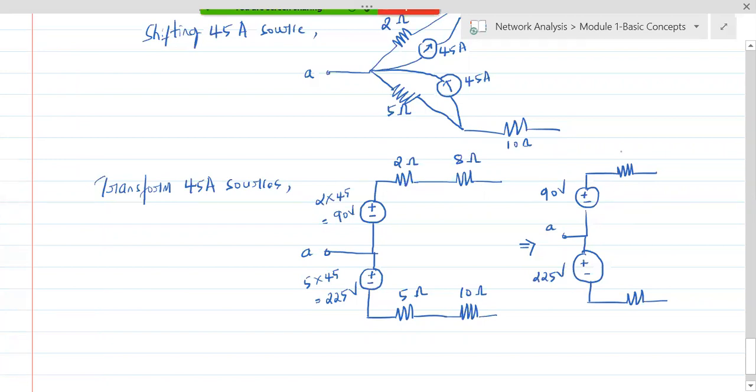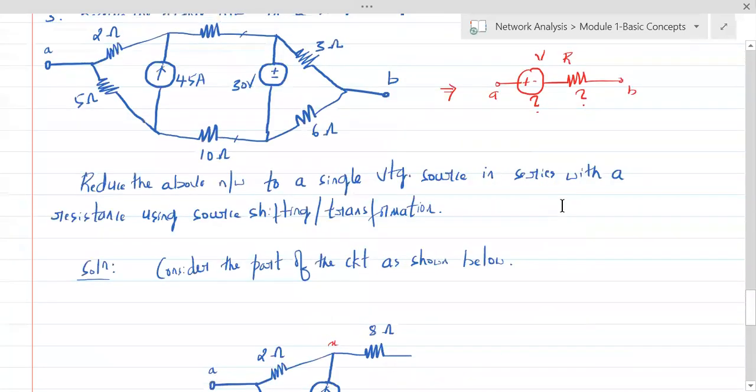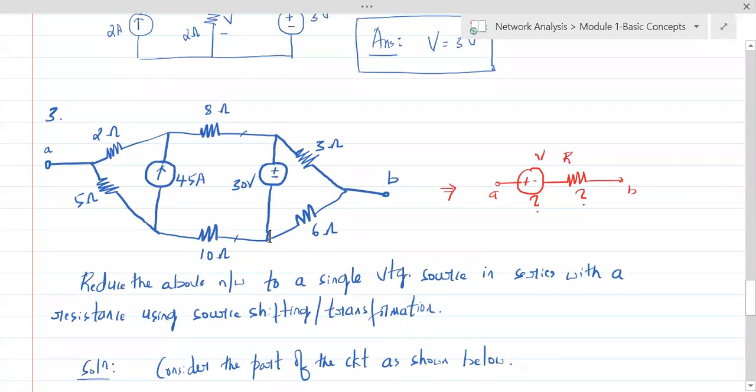So 8 and 2 in series would give you 10 ohms, and 10 and 5 in series would give you 15 ohms. This is how the circuit gets reduced. Understand? So now after we have reduced, let's take this reduced part back into the original circuit.